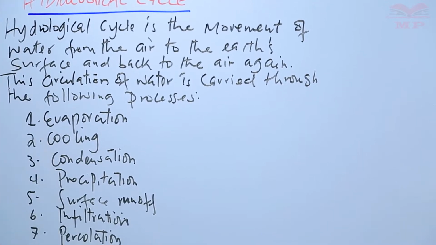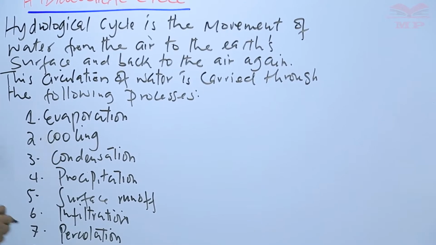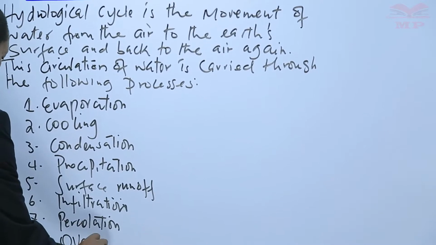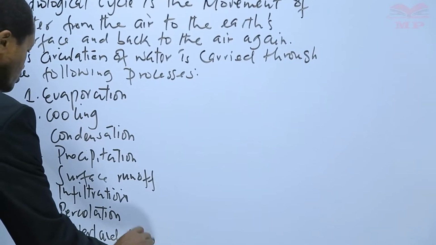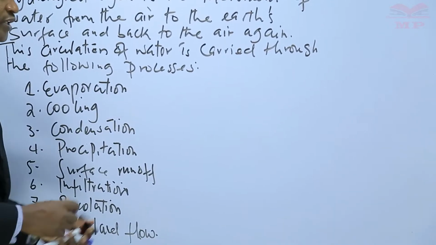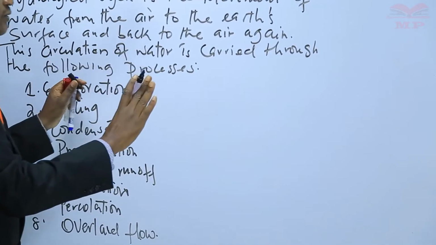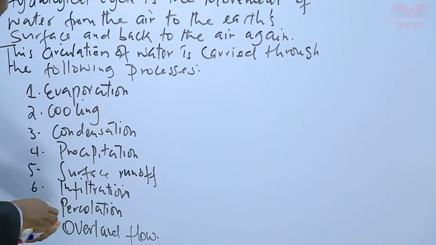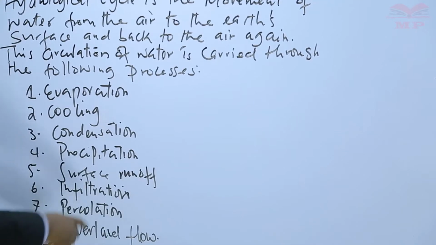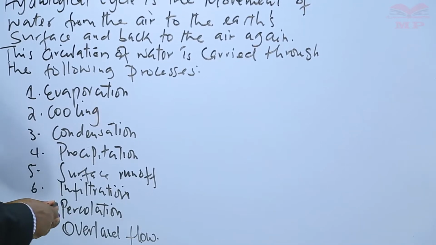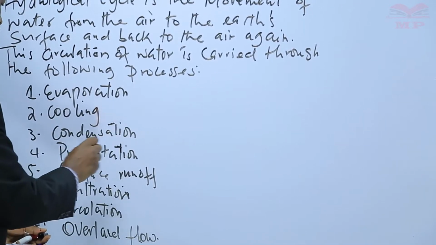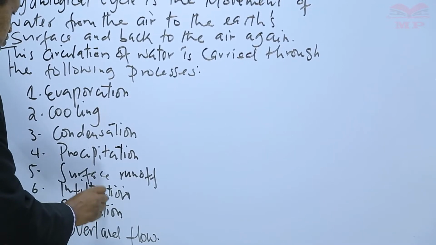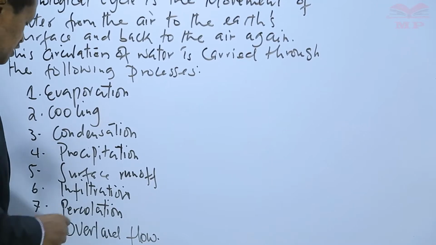Then lastly, overland flow. This is what we covered in lesson 1. In lesson 2, we're going to explain these processes: evaporation, cooling, condensation, precipitation, surface runoff, infiltration, percolation, and overland flow.